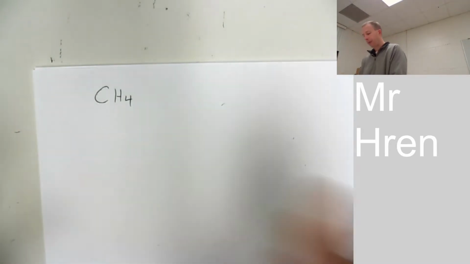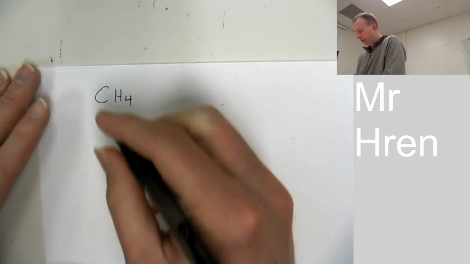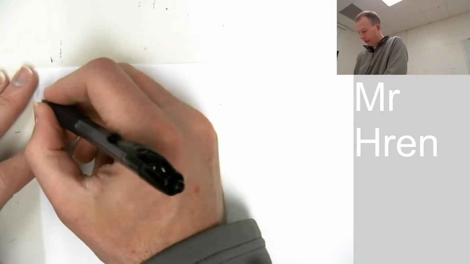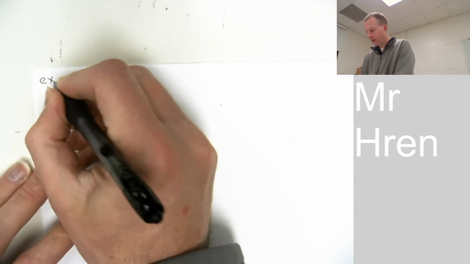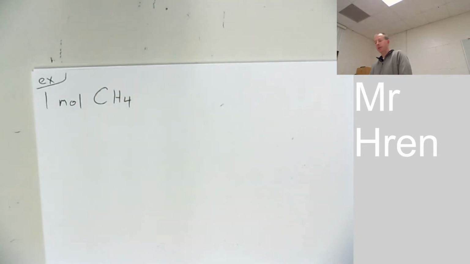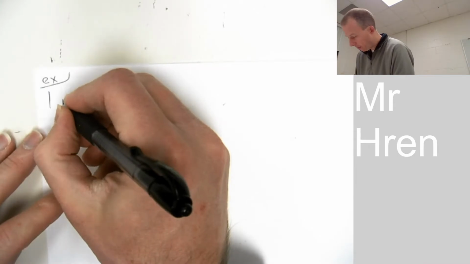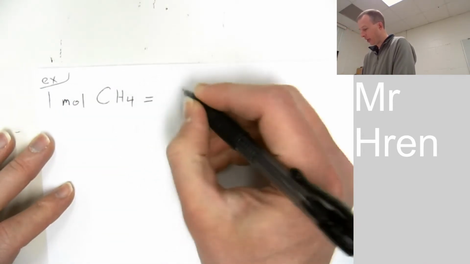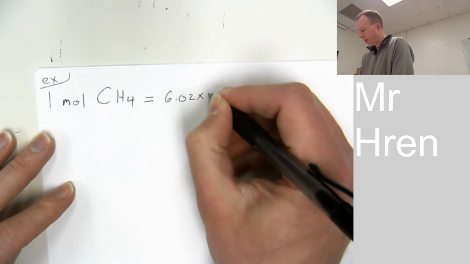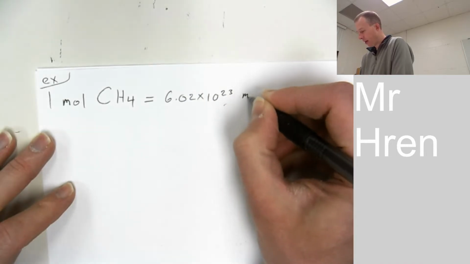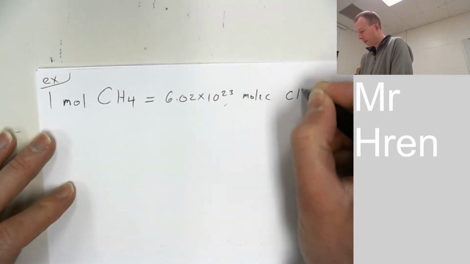So what do we say about this? Let's say we have 1 mole of CH4. Well, we would say that we have 6.02 times 10 to the 23rd molecules of CH4.